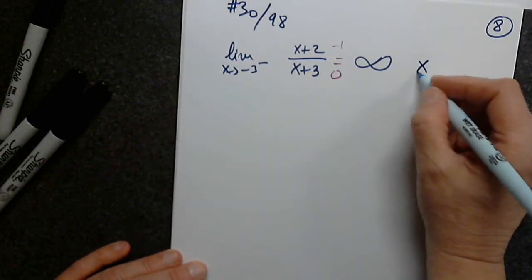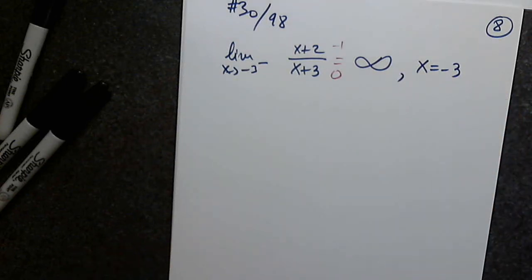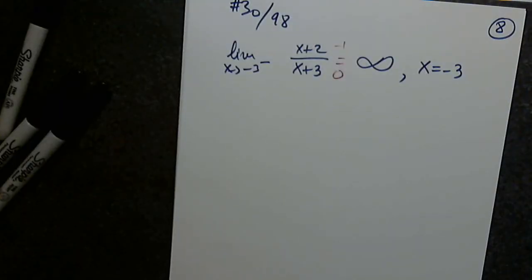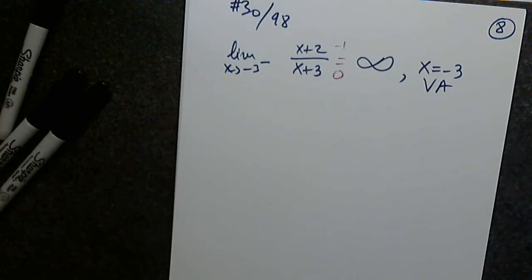What does x equals negative 3 represent then for this function? Thank you. So x equals negative 3 is a vertical asymptote. Excellent.